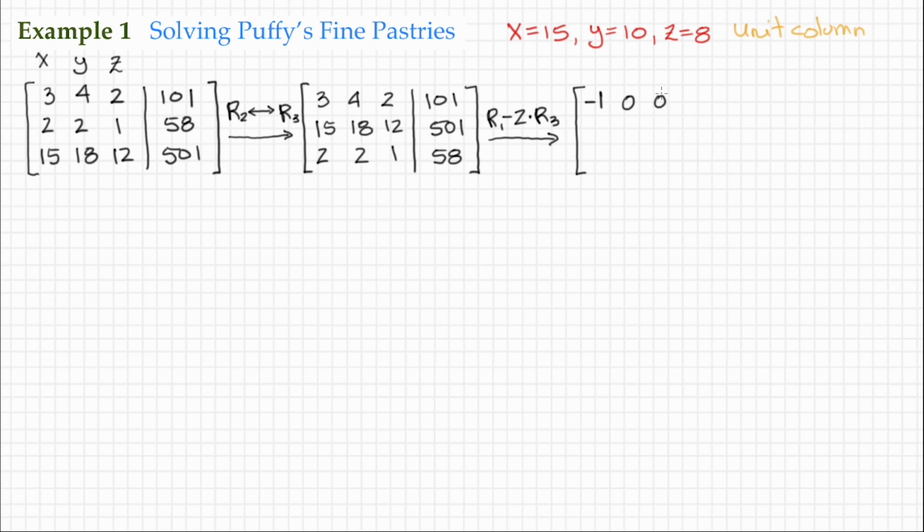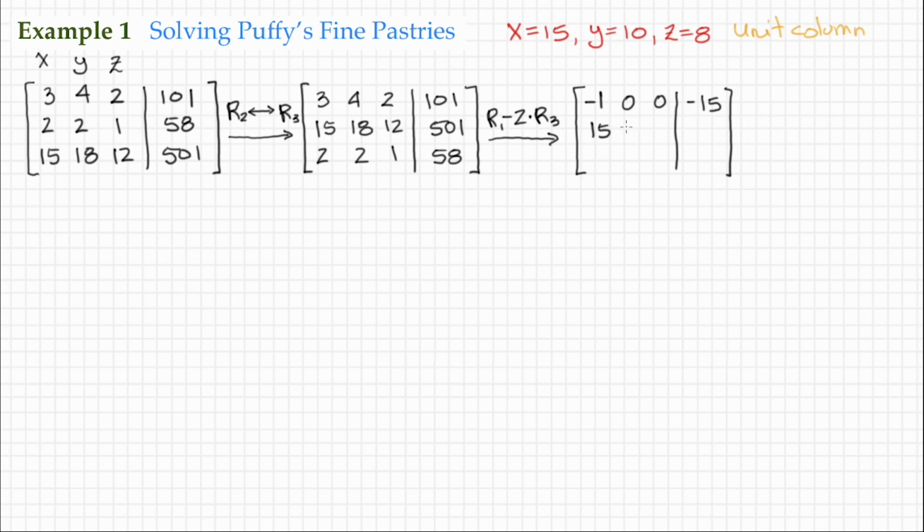We want to get the rest of these values in the column to be 0. Then I'll put in my vertical line. Then 2 times 58 is 116. 101 minus 116, that's negative 15. Then I put in my bracket, and I fill in the rest of the values here.